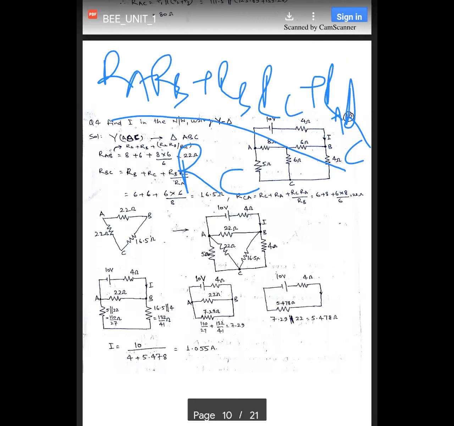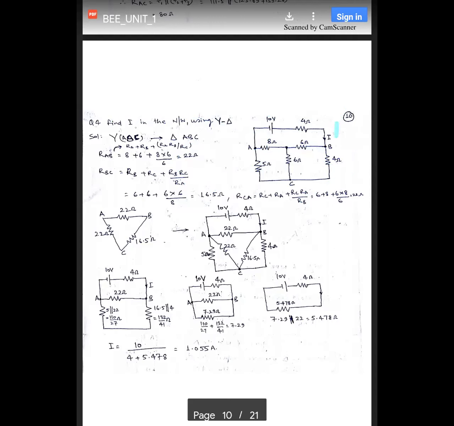Similarly, if we divide by this RA value, the resistance will be placed here between B and C. And similarly, if we divide by the RB value, or this 6 ohm resistance, then we will get the corresponding resistance here. So it is nothing but the direct application of the formula.